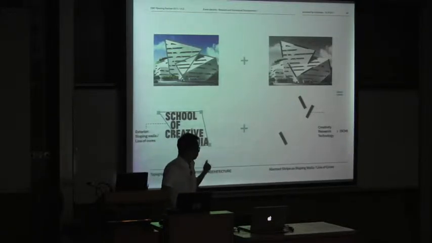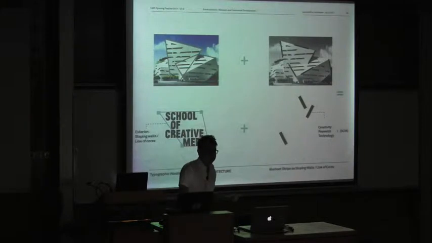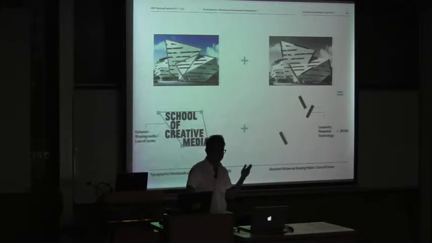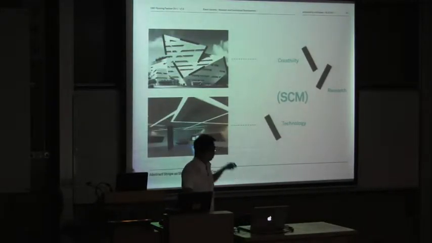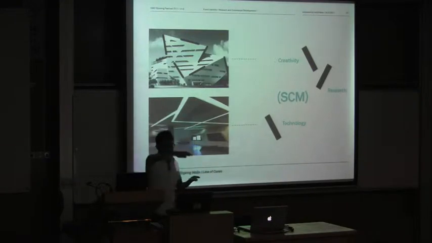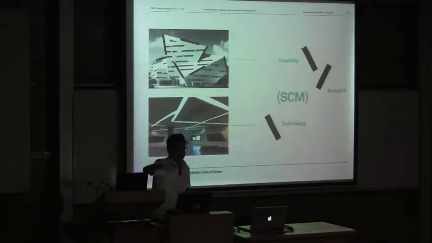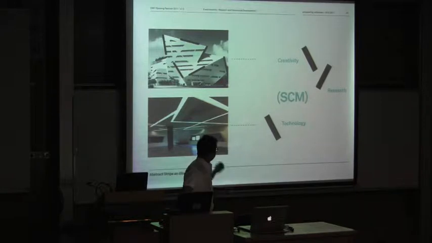But SCM is really into research, technologies and new media, of course. And technology means all the possibilities of new media. We combined the two ideas, and inside they also have a lot of interesting sloped walls that echo the Libeskind architecture. And that's why we think this is a very good way to articulate the whole story of SCM.